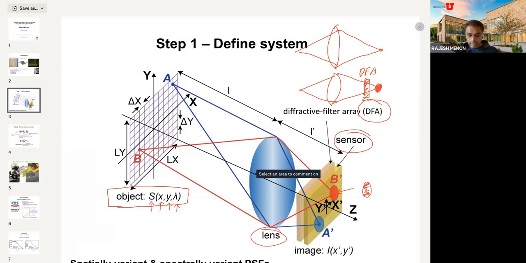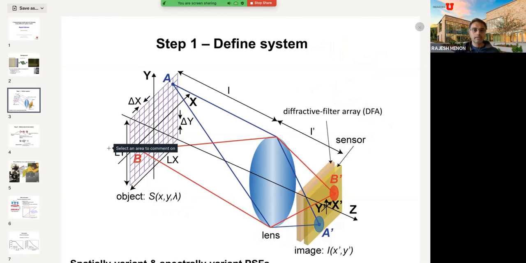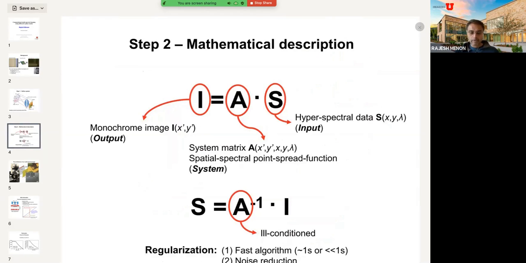Okay. And you can think about the mathematics quite simply as a matrix multiplication. So the way to think about it is that I have a measurement, which is my monochrome image, which is my I. That's my measurement. Let's think about that as a column vector.